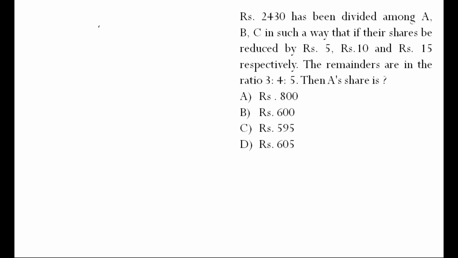Fine. Now see this question. 2430 has been divided among A, B, C, which means an amount is given to each of A, B, C. Adding that should give 2430. But see that A's share is reduced by 5, B's share reduced by 10, and C's share reduced by 15.